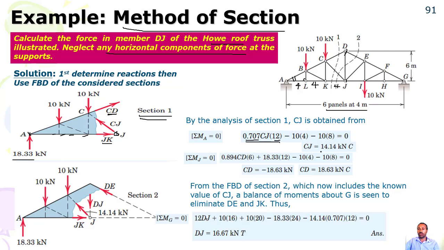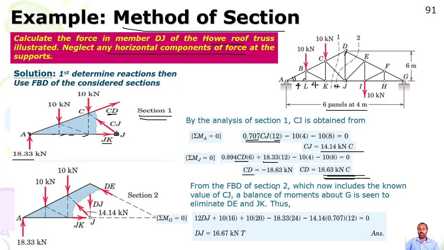Then you find CJ is compression. Summation of moment at J: if you take moment at J again, you can find CD. If you assume tension, then finally you find CD, and you can reverse the direction. So CD will be compression.